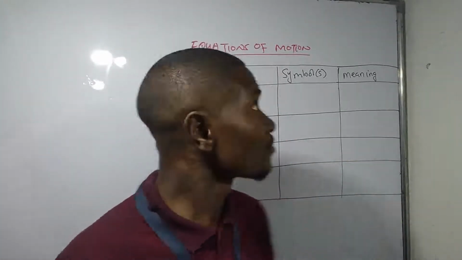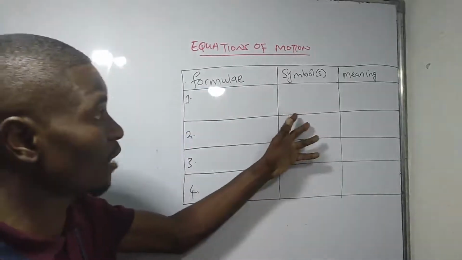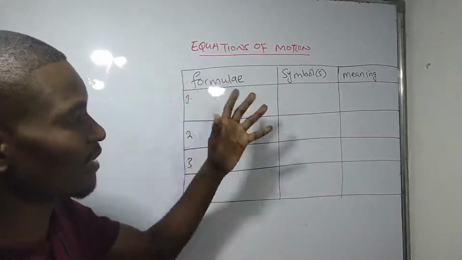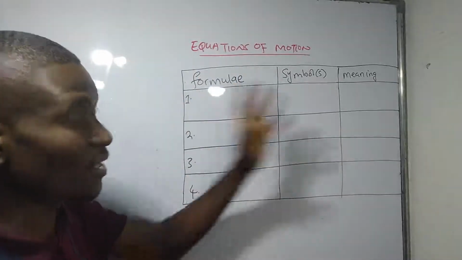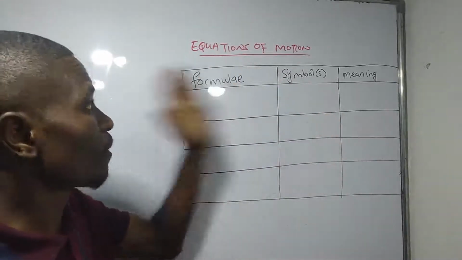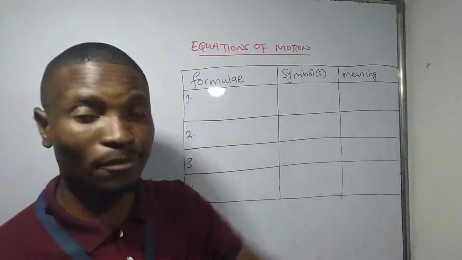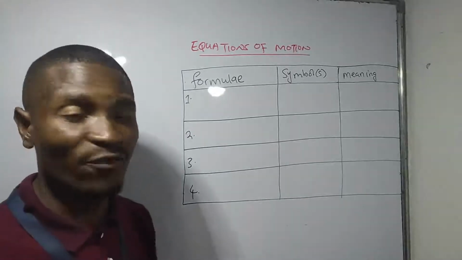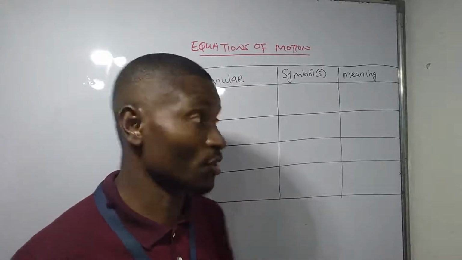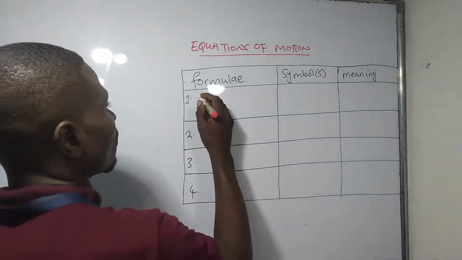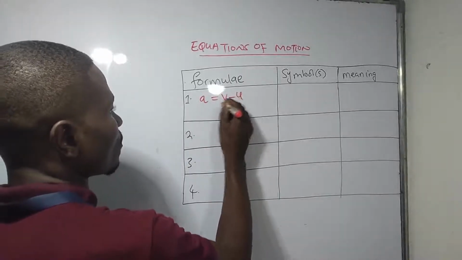Now we are looking at the equations of motion. We have this table where we plug in the formulas we can apply to find the acceleration, the displacement, the speed, as well as the velocity of an object. We have the formula, the symbols, and the meaning of those symbols. The first formula is the one we can use to find the acceleration of an object: a equals v minus u over t.